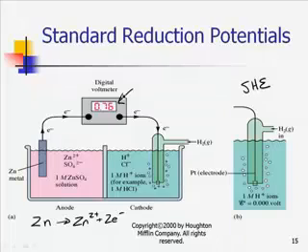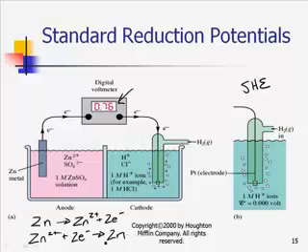What you need to look at is the fact that in the standard reduction table, all of these are written as reductions. So when I flip this to write it as a reduction, the way that you see it in the table, you'll notice that the reduction potential for that is not a plus 0.76 but a minus 0.76 volts.